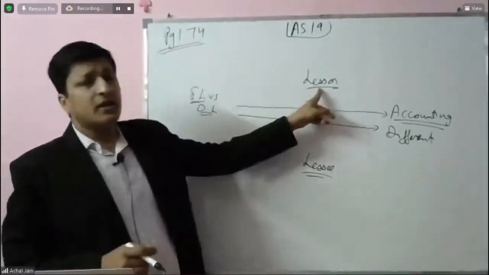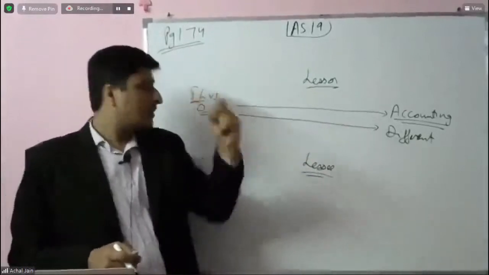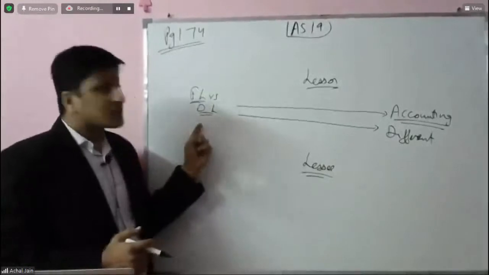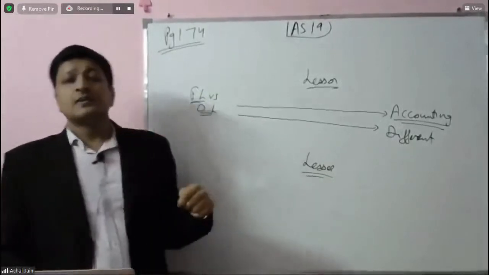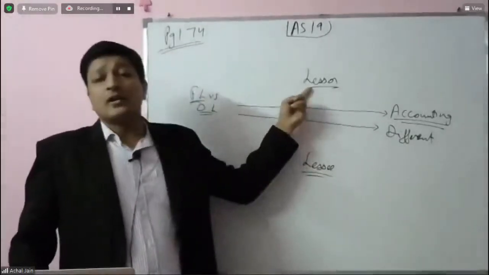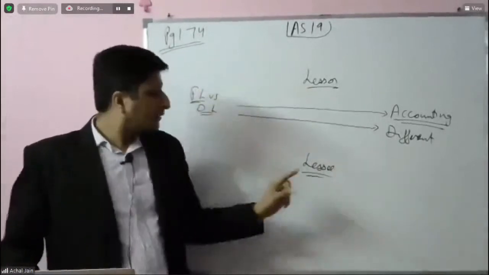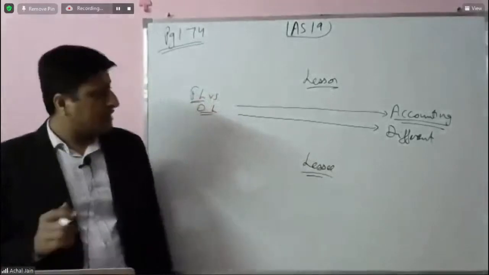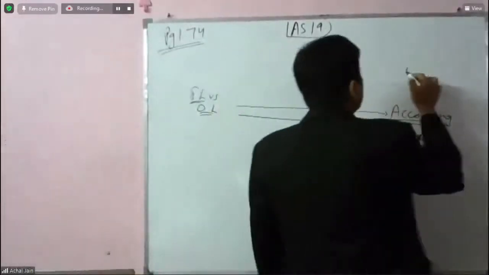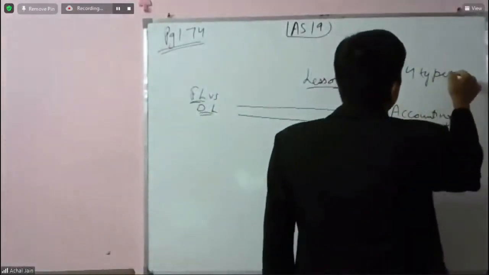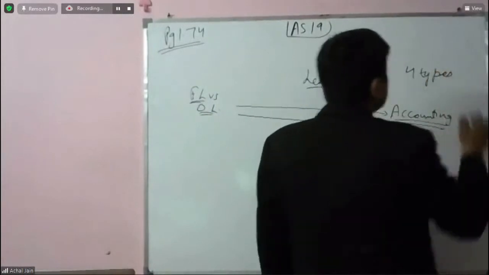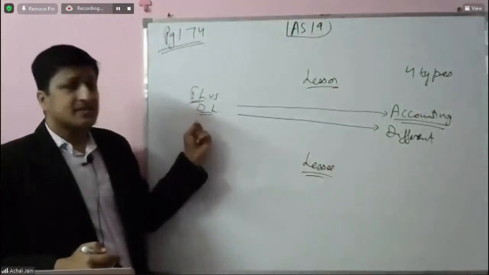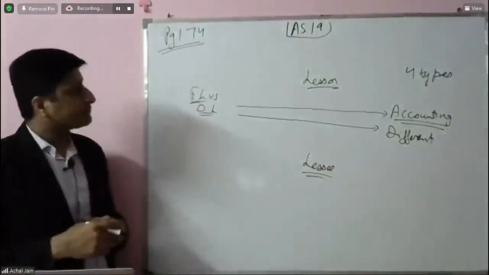Then what will be the accounting of lessor? Number 1. What will be the accounting of lessee? Number 2. Let's suppose the lease is an operating lease. Then what will be the accounting of lessor? Number 3. What will be the accounting of lessee? Number 4. So we can say 4 types, depending on the type of lease, meaning finance lease or operating lease.